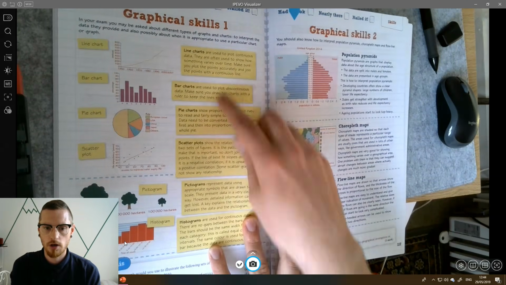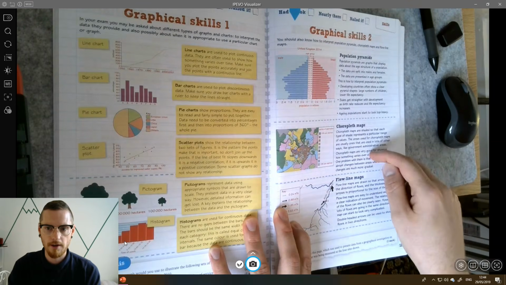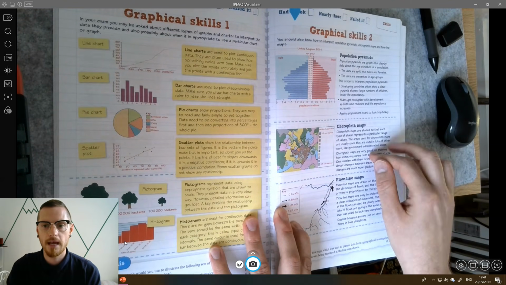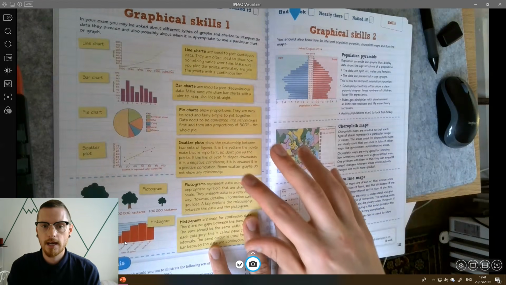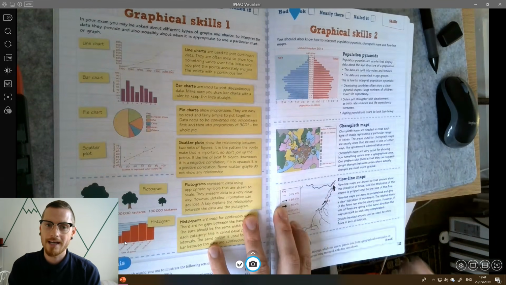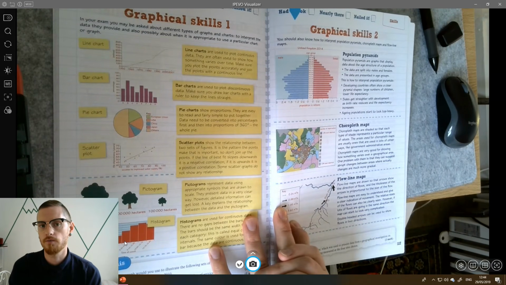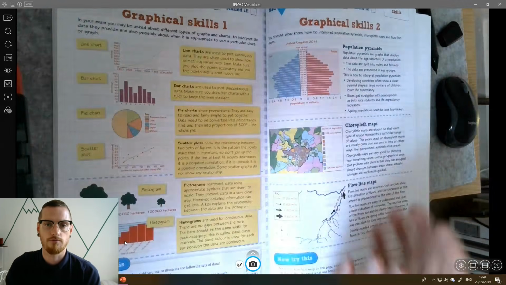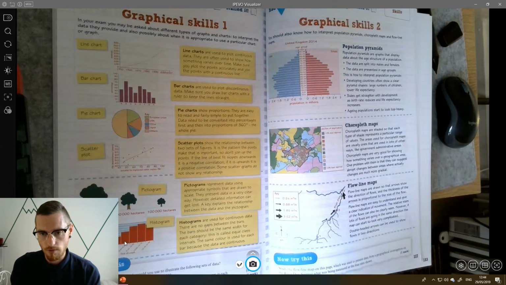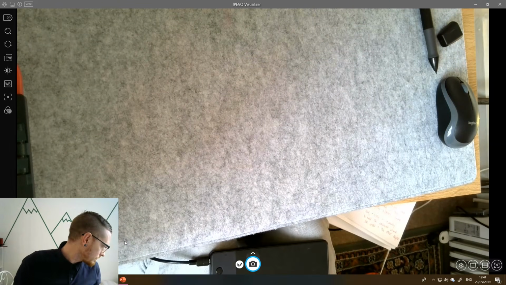So over here, from line charts to histograms, pyramids down to flow line, choropleth maps came up as a question in paper 1 of the 2019 exam. This here helps you with those questions that ask you about data presentation, and especially for C1 and C2 of fieldwork. You need to know advantages and disadvantages of these different types of graphs, graphicacy. Revise this.